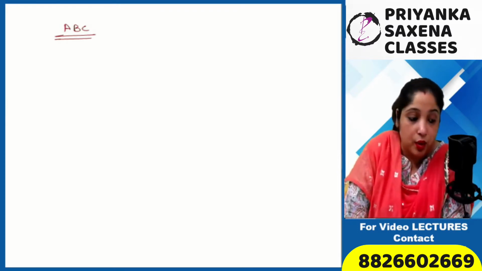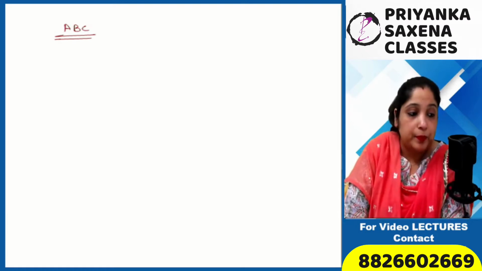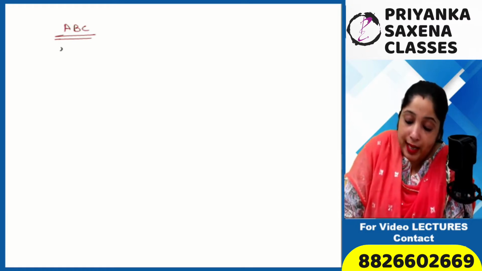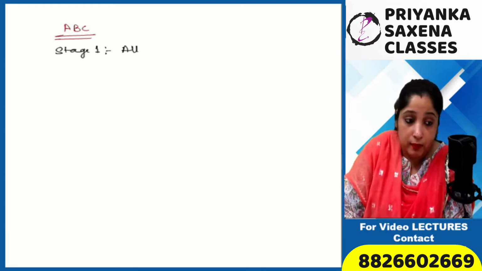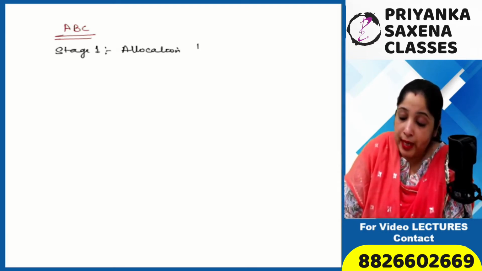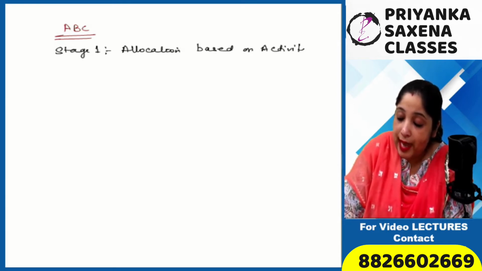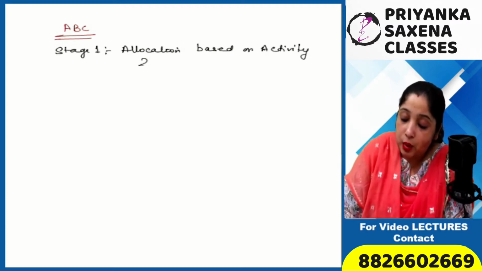The first stage is called allocation based on activity. That is activity allocation. That is, 2 lakh rupees of cost is incurred because you have 400 machine setups, right?